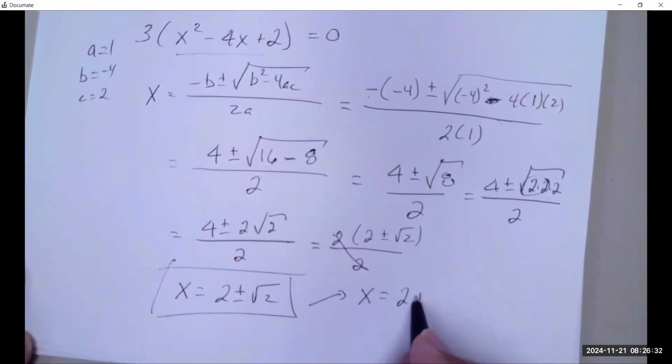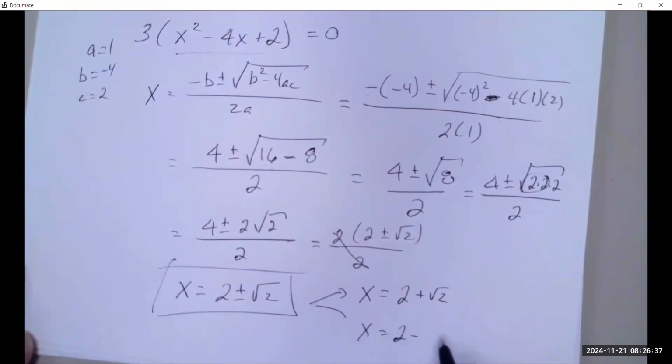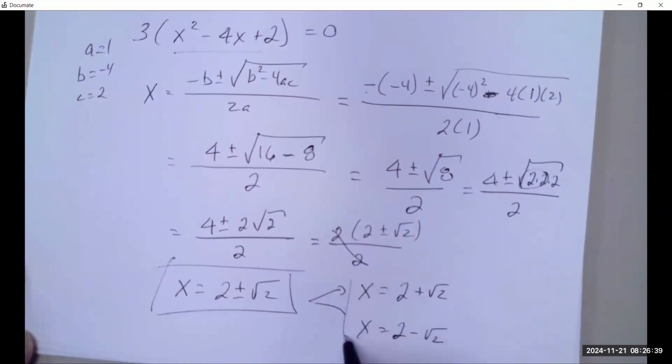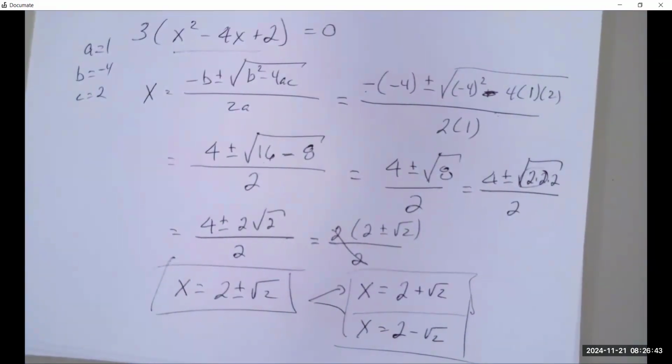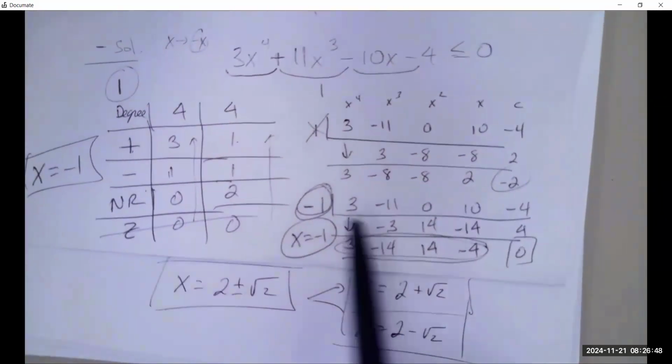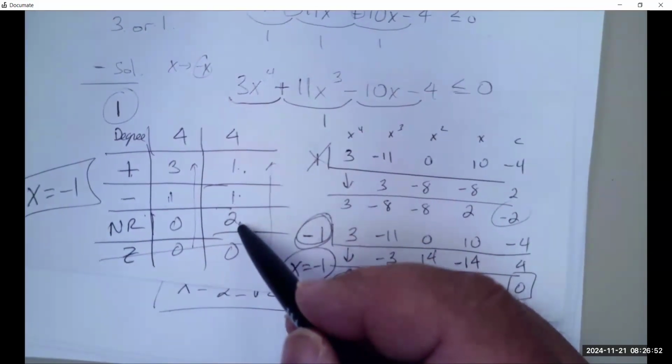X equals 2 plus radical 2, and x equals 2 minus radical 2. Again, they're conjugate pairs, which is why our chart said we could have 1 positive, 1 negative, and 2 non-real numbers.